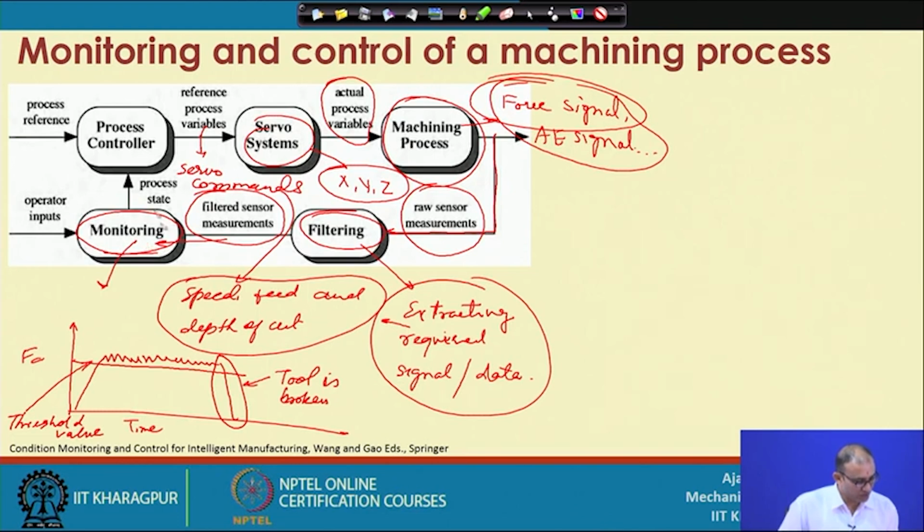So, in that case you can actually reduce the unwanted time here, because if you do not give this, your machining will still continue, but there is no contact between the cutting tool and workpiece, and all the time will be wastage at the later stage.